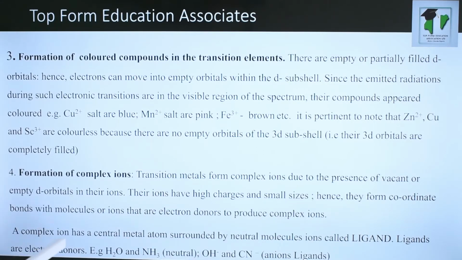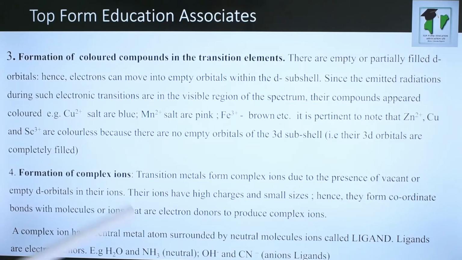A complex ion has a central metal atom surrounded by neutral molecules or ions called ligands. Ligands are electron donors. Examples of ligands are water, ammonia, hydroxide ion, and cyanide.